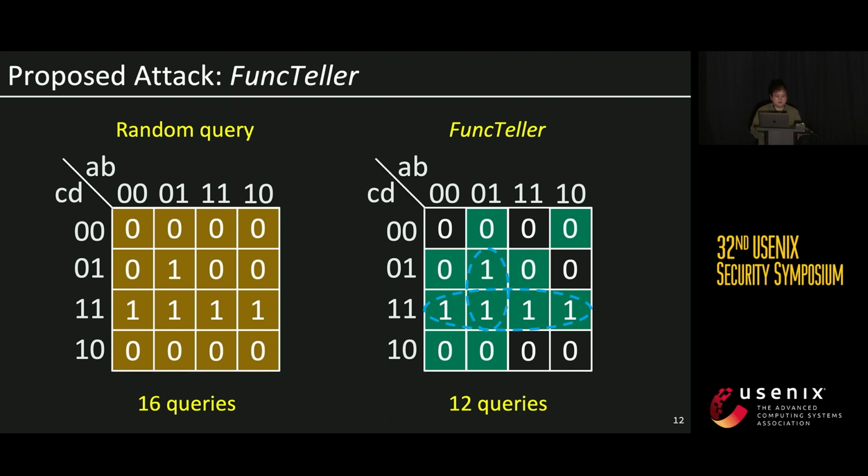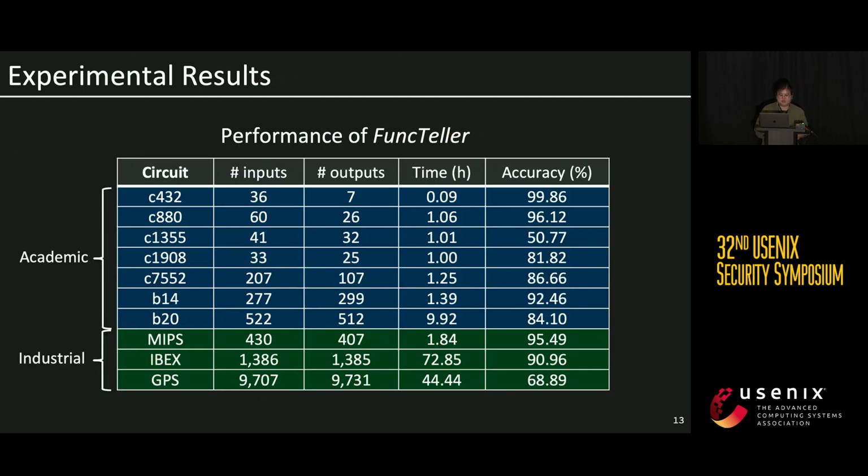And here's an example that happens in a 4-dimension space since the input size is just 4. But in fact, for most circuits, the input size is much greater than 4. Then for random query, there's the exponential complexity issue, and FuncTeller can deal with the scalability problem well. Here's the result table showing the performance of FuncTeller on some circuits.